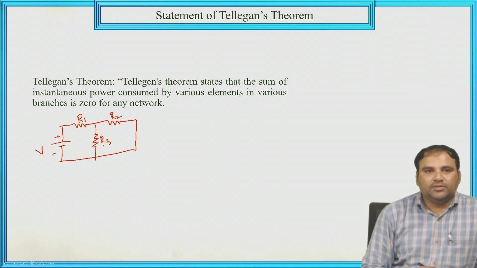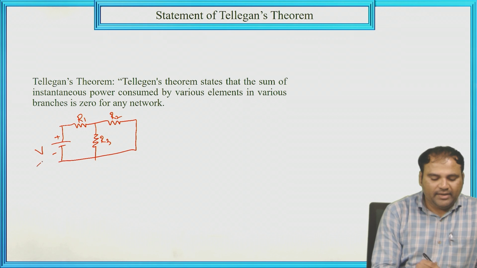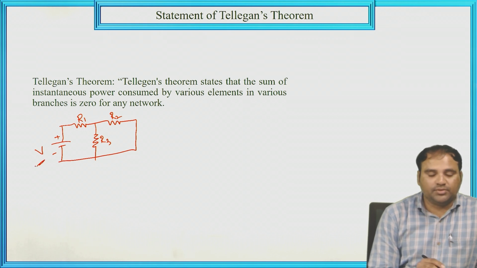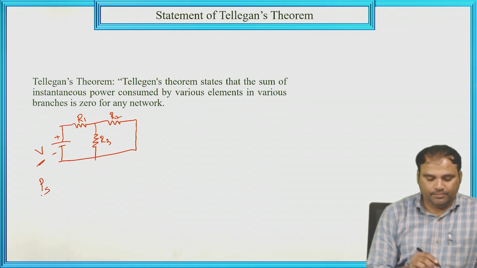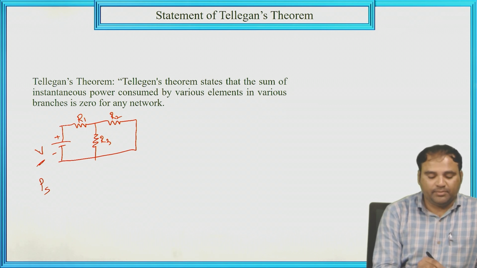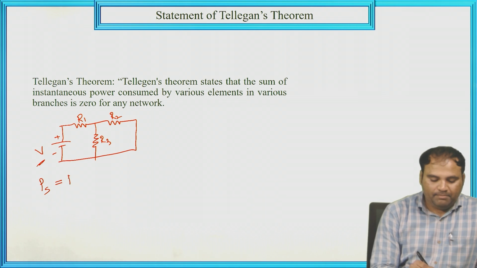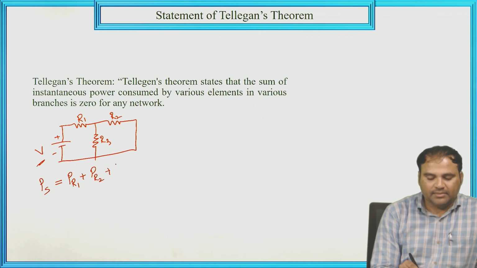In this case we have to calculate the power from the source, that is PS. PS is equal to power from resistor R1 plus power from resistor R2 plus power from resistor R3.